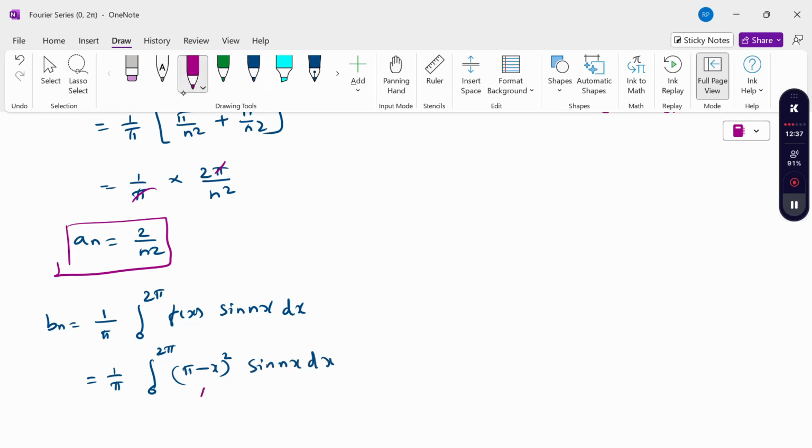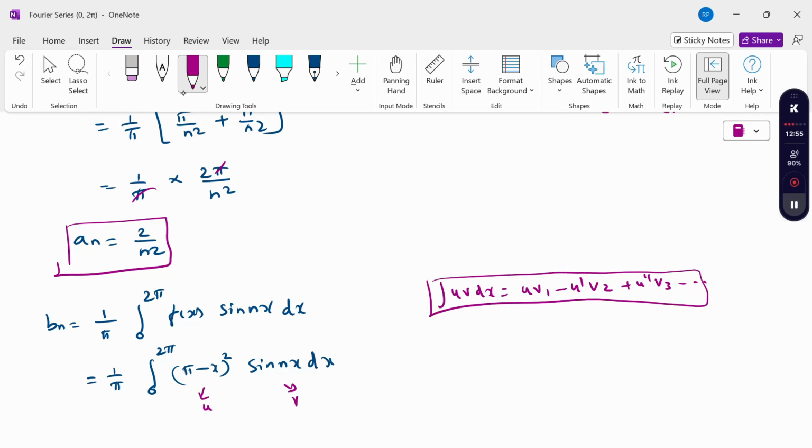As usual, same procedure: this is u and this is v, and the Bernoulli formula for the integral of uv dx is u v1 minus u dash v2 plus u double dash v3 and so on. So this is our form. Now u dash, u double dash are differentiations, and v1, v2 are integrations.